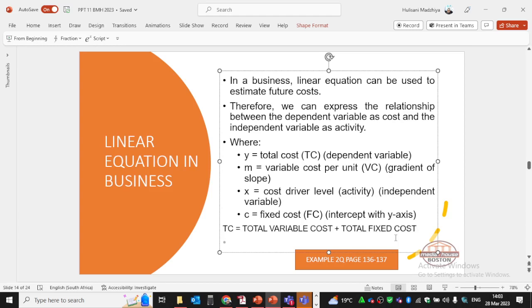Fixed costs are those costs that remain constant no matter what. They will never change. For example, building rental: whether you rent a building to produce a product, even if you don't produce any product, the rent will still have to be paid. Then we have the salary of an administrator or a manager.